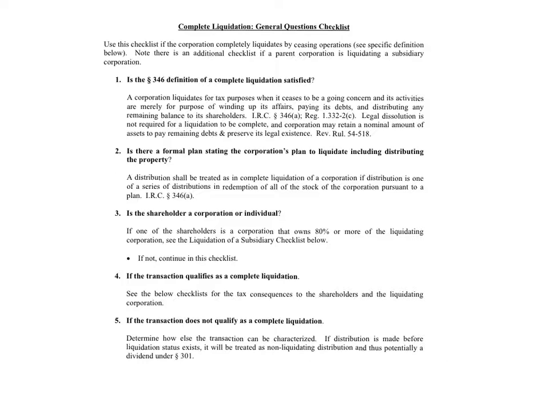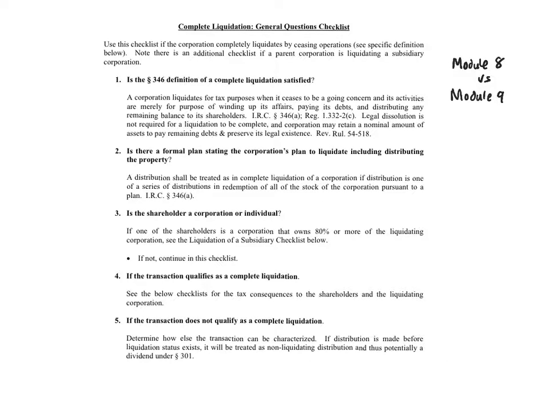So we have a checklist here where the first thing it really focuses on is when you have a corporate liquidation, you've got distributions that take place. Now, the question is, if you have a distribution, is it going to be a liquidation distribution, or is it going to be just a normal Module 8 versus Module 9 distribution?